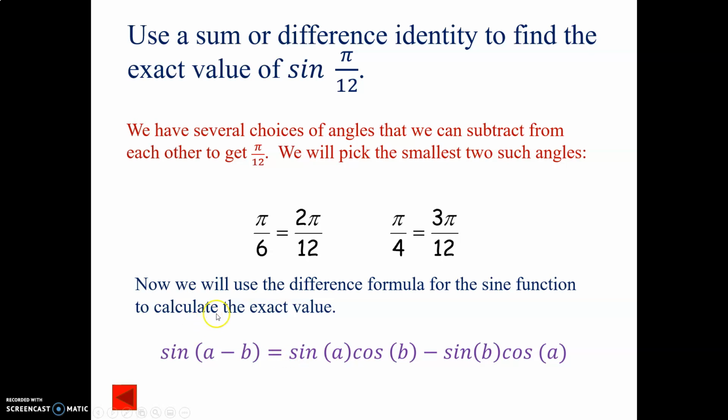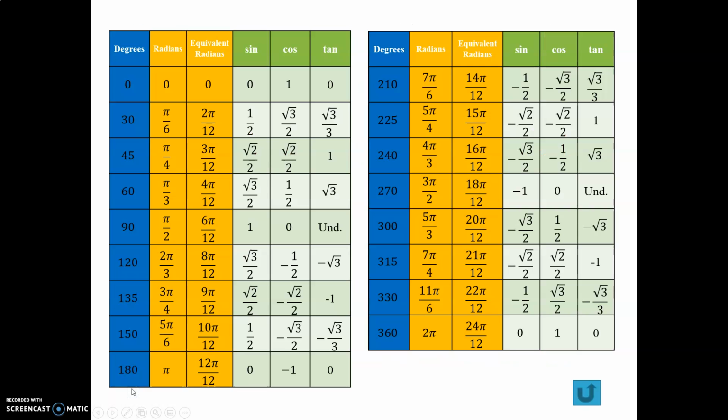Just to illustrate that I could have used several different values, I have a resource here. I've taken all of the degrees and the original radians and converted each of the radians into equivalent fractions with a denominator of 12.